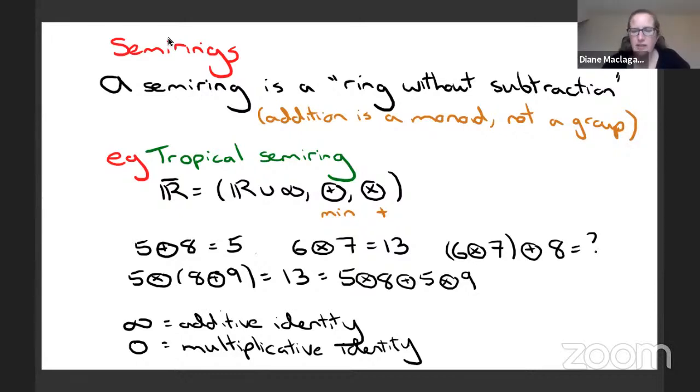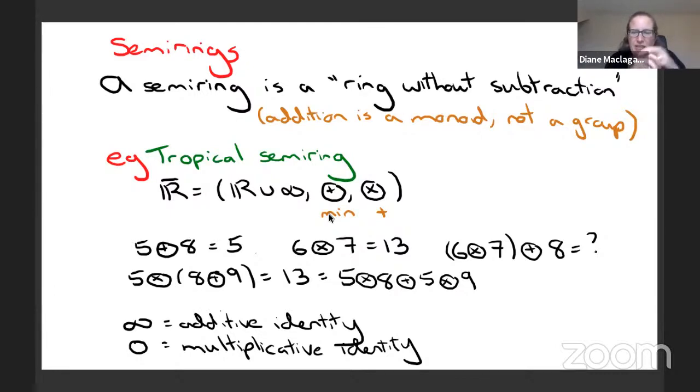You might have seen the tropical semi-ring with a minus infinity and with min replaced by max. I don't know how to add in minus infinity and plus infinity, because then you're going to have to answer the question, what is minus infinity plus infinity?